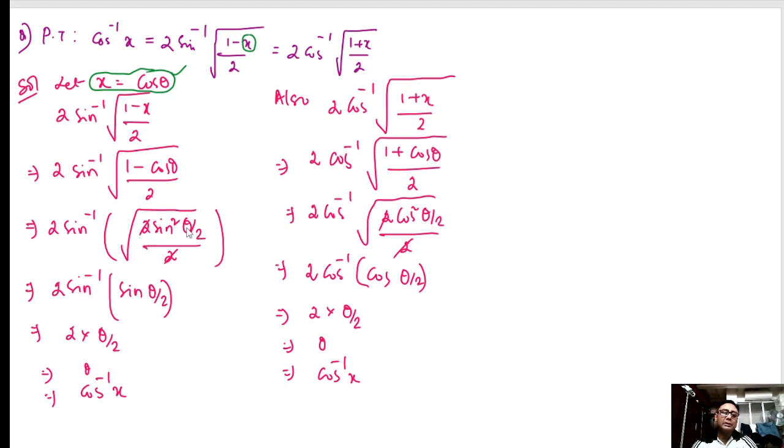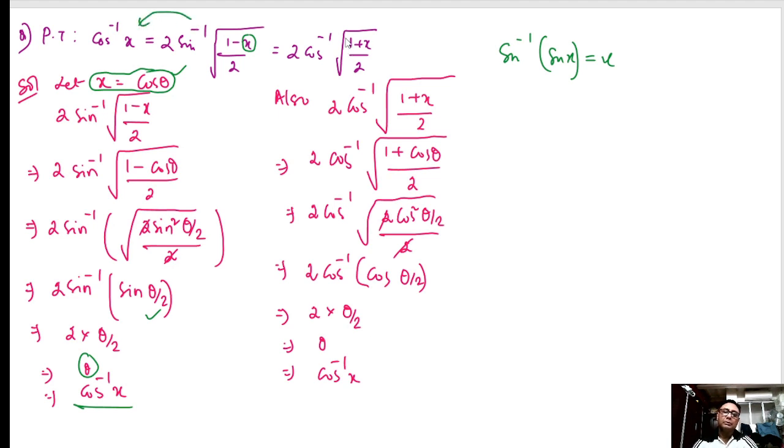Root over sin square theta by 2 will be sin theta by 2. Sine inverse of sin x is x, so from here it becomes theta by 2. 2 cuts, it is theta, and theta will be cos inverse x. So this has been proved.